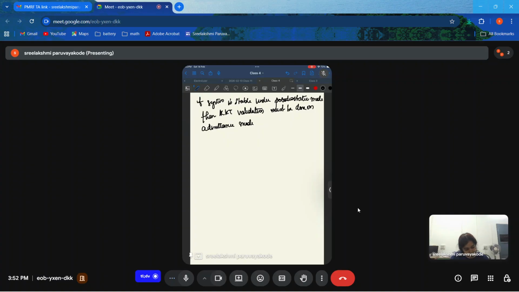And in the same way, if the system is stable under galvanostatic mode, then KKT validation must be done in impedance mode.